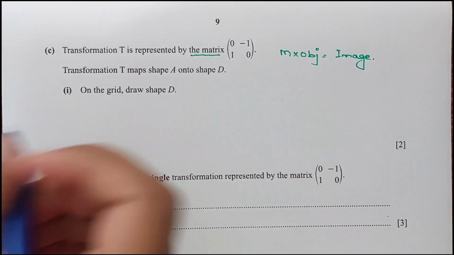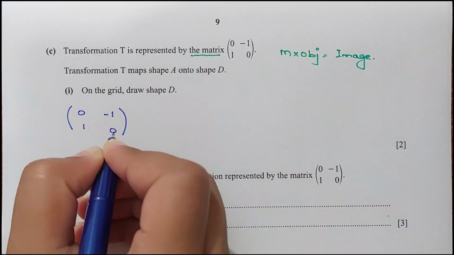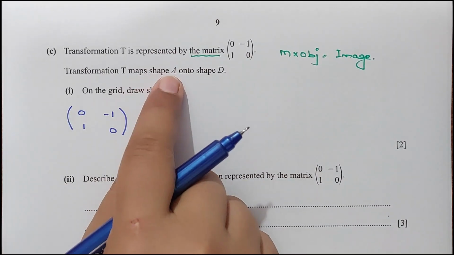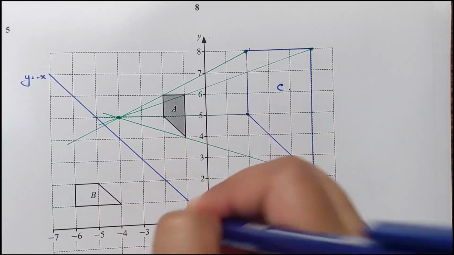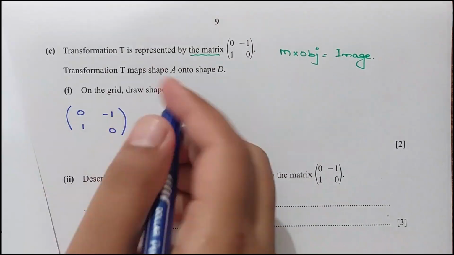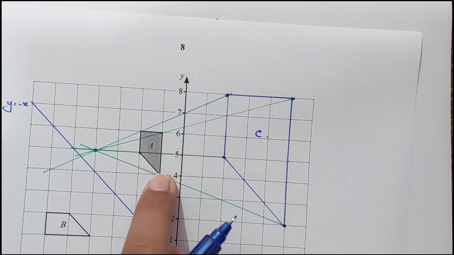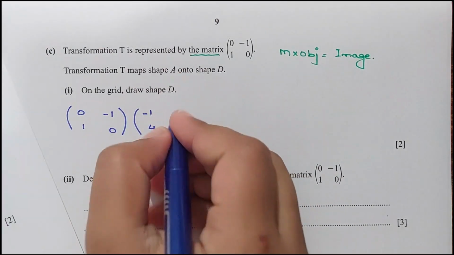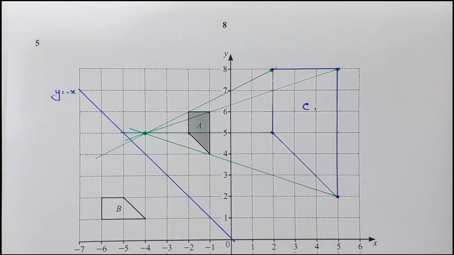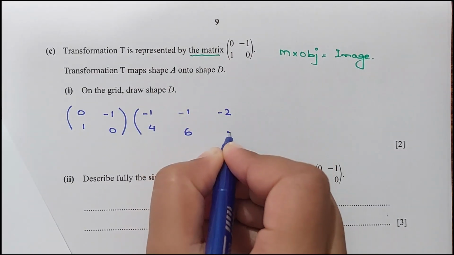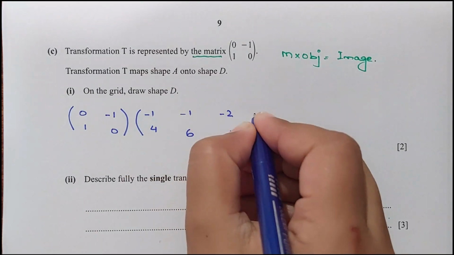All right. So what is the matrix? The matrix is 0, 1, -1, 0, and the object is basically the coordinates of transformation A. The coordinates of A are (-1, 4), (-1, 6), (-2, 5), and (-2, 6).